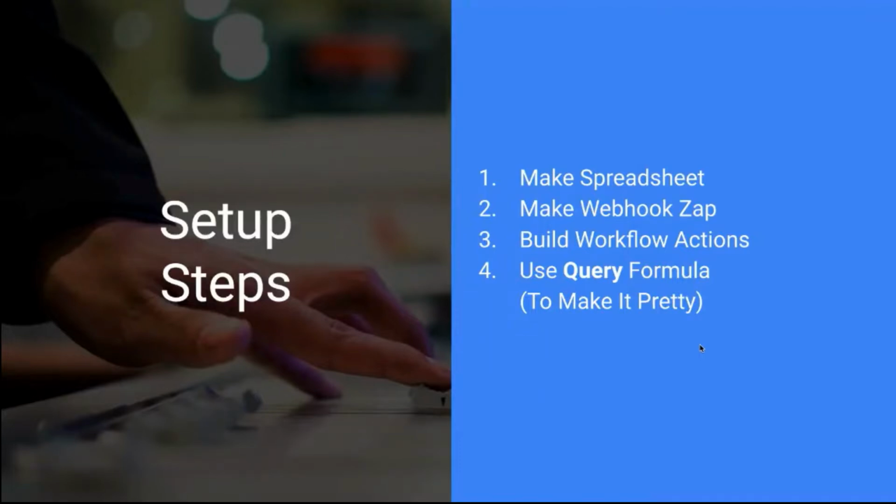We then need to make a webhook within our Zap. We're going to use Zapier for this. We're going to create a webhook, and we're going to build a workflow. And it could just be one activity in the workflow. It could be multiple activities in the workflow that does this process. But in either case, we're going to show that.